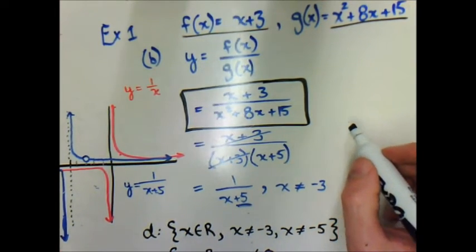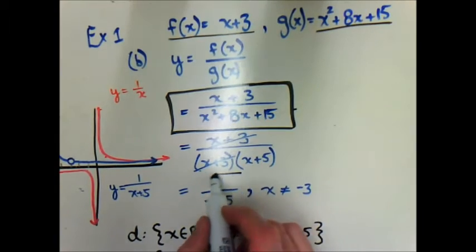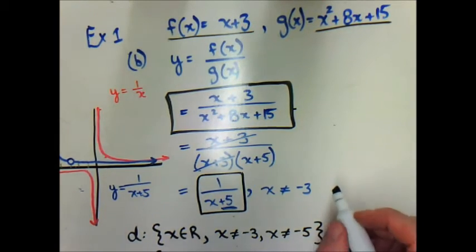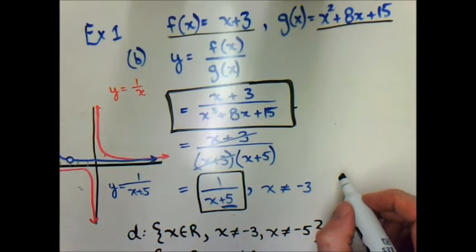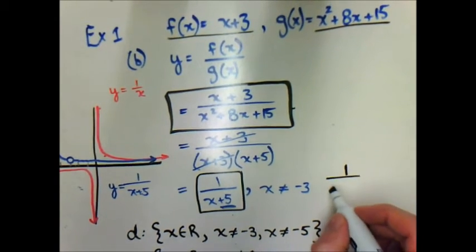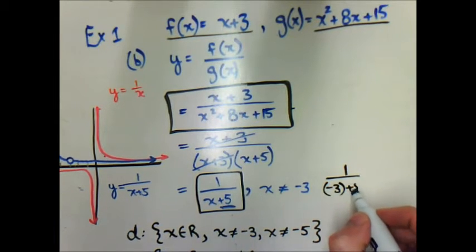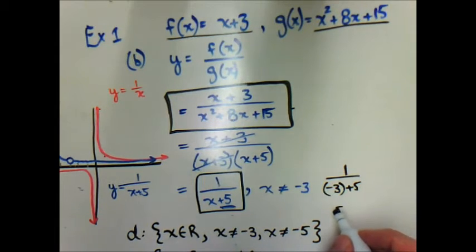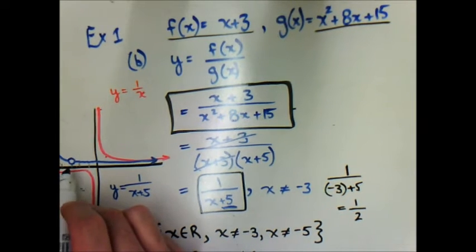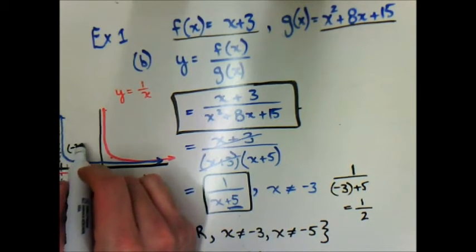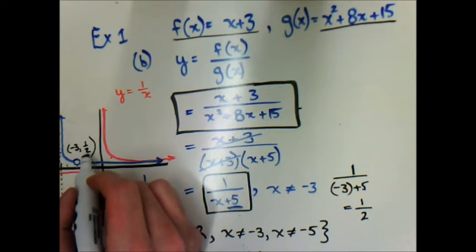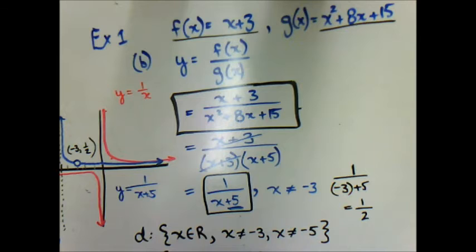If we sub x equals -3 into here, we will get 1 over -3 plus 5, which equals 1 over 2, which is a half. So this hole right here is at -3, positive a half, which tells us the restriction on the range is y cannot equal 0 and y cannot equal 1/2.